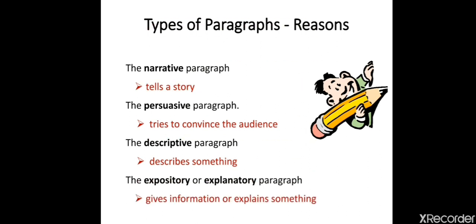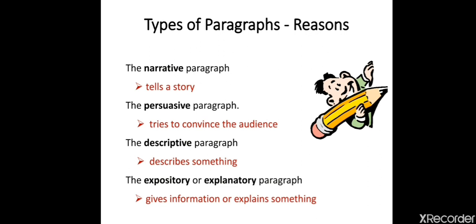Then expository or explanatory paragraph: when you are explaining in detail about an incident or an issue, report writing will follow this paragraph style. This paragraph gives information or explains something.